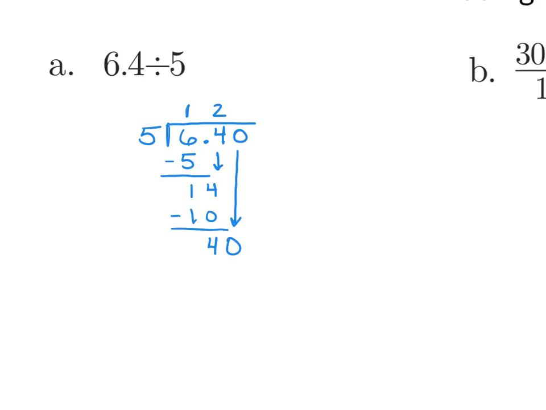We get 40. 5 goes into 40 8 times. 8 times 5 is 40. Subtract, we get 0. And now we're done. Now that we have a remainder of 0, we're good to go. So the last step is I want to move my decimal point up into my answer, and we get 1.28.